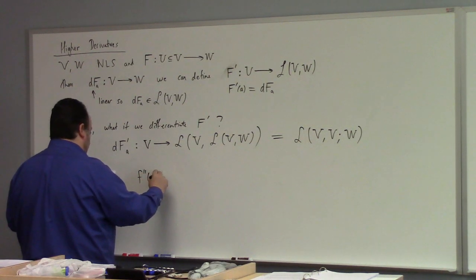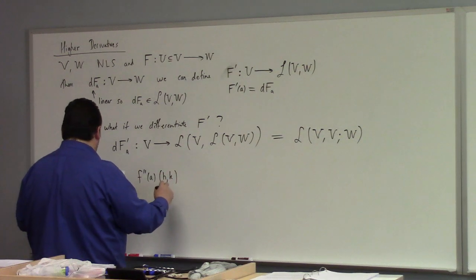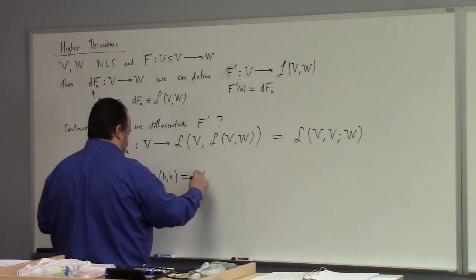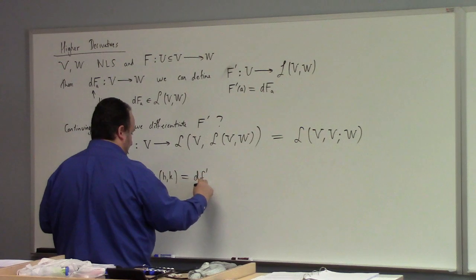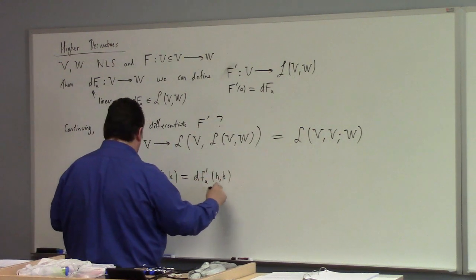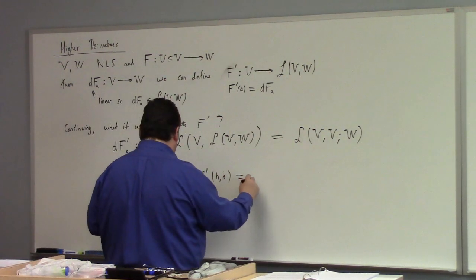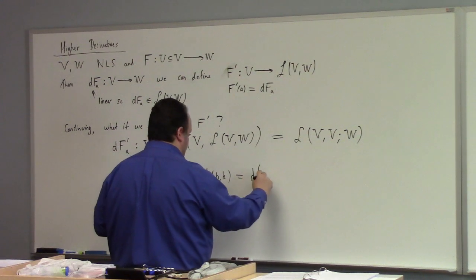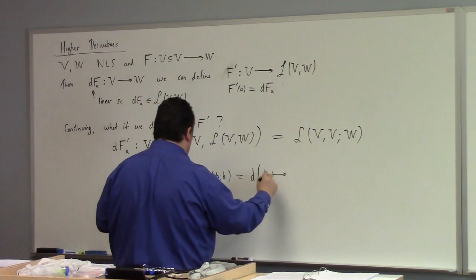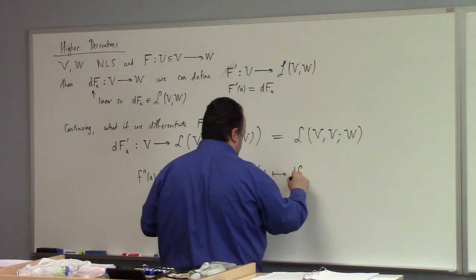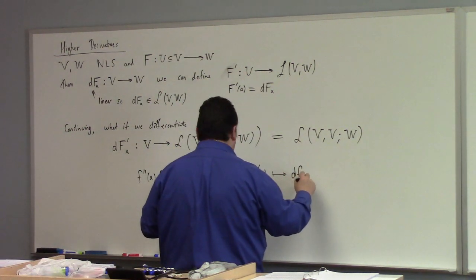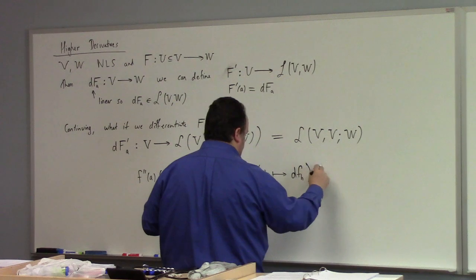So f prime prime of (h, k), we would be talking about df prime of a of (h, k), and that is meaning the differential of h mapping to dfh(a)(k).